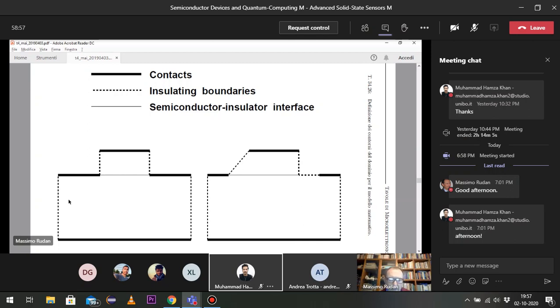So in general, we can always distinguish in a device two types of boundaries: those that are insulating, that are not crossed by any current, and those that are contacts, in which we know some information about the voltage.